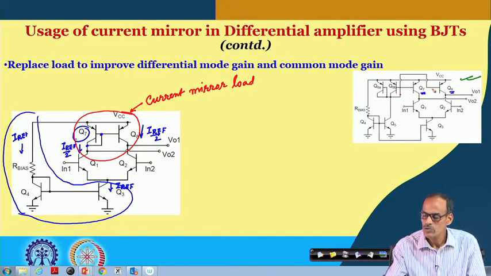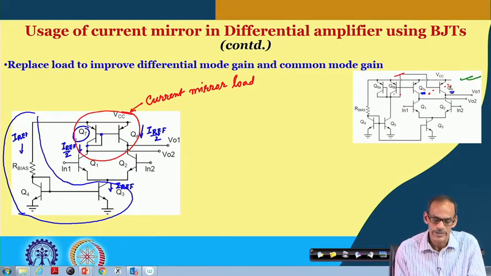Note that here also we have a current mirror, but we do not consider this a current mirror load, because though we have a current mirror circuit, it is just getting only DC bias.